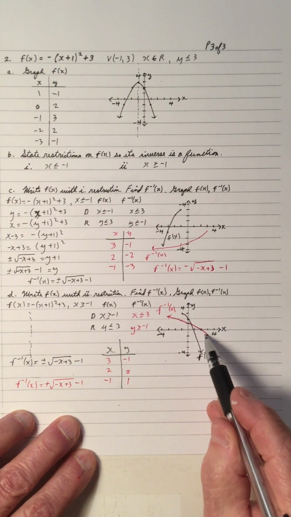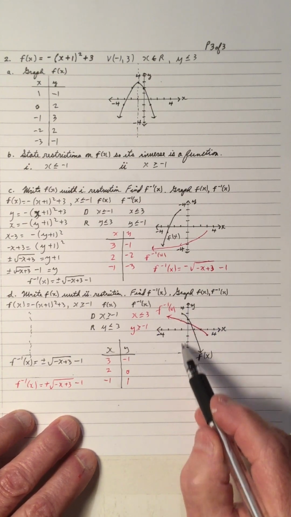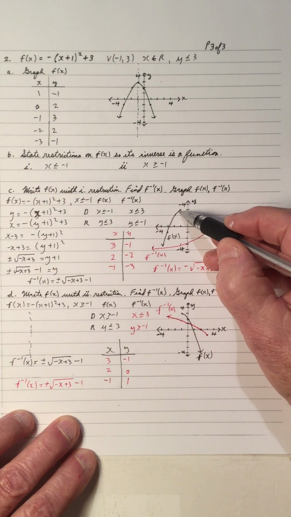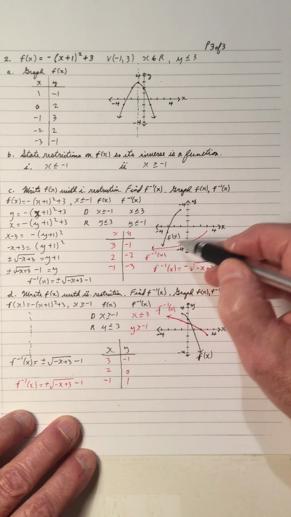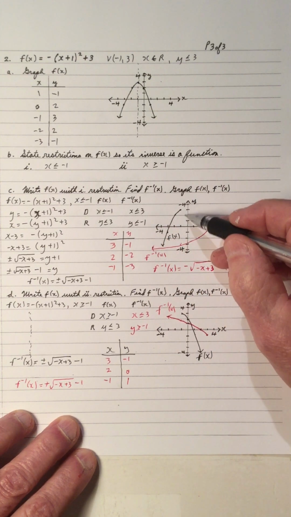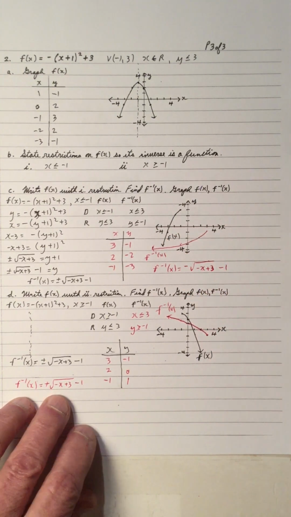So therefore, when you do its inverse, it is a function because it passes the vertical line test. And the same here. This part, because we restricted it, passes the horizontal line test. So this is its inverse, and it's a function because the horizontal line becomes a vertical line. So this vertical line only passes through one point.